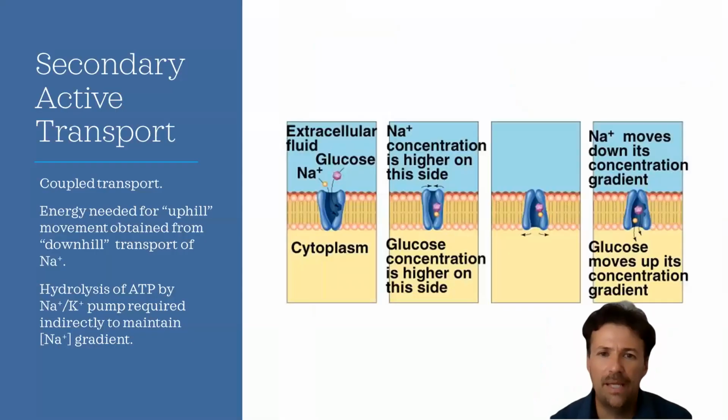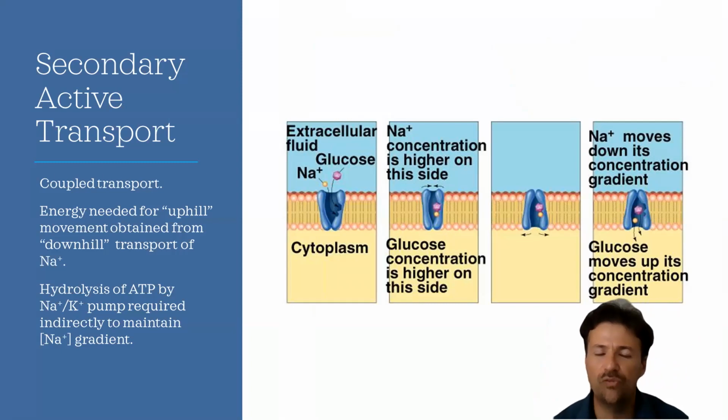Now, ATP can sometimes be used to set up potentials and potential energy. So when ATP is used to set up a concentration difference, just like we saw with the sodium-potassium ATPase pump, that concentration difference is potential energy. The sodium being in high concentration on the outside of the cell versus the inside is potential energy.